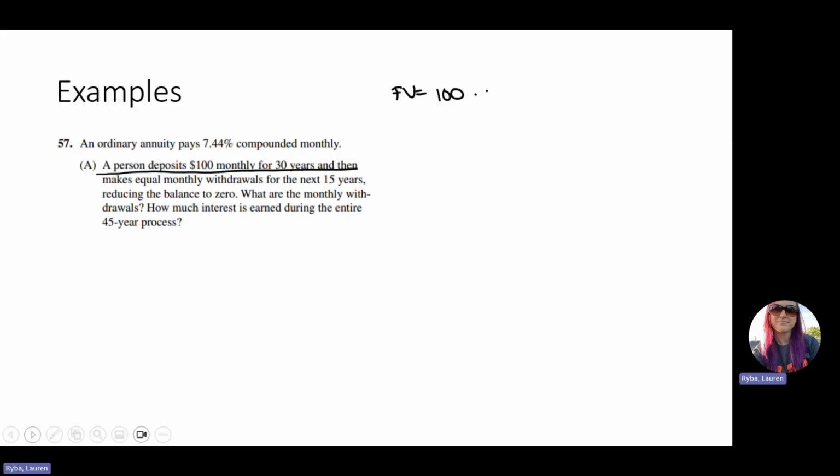$100 times 1 plus 0.0744 over 12. Because we are compounding interest, we are going to have a positive exponent of 360, minus 1, over 0.0744 over 12.